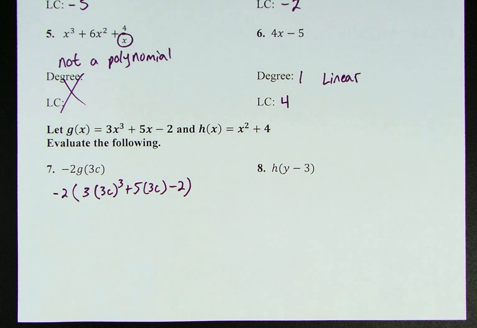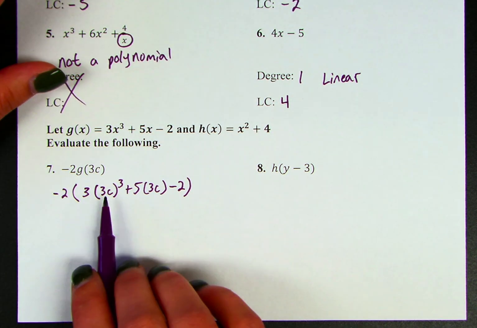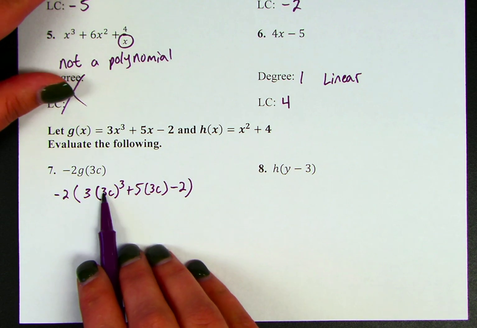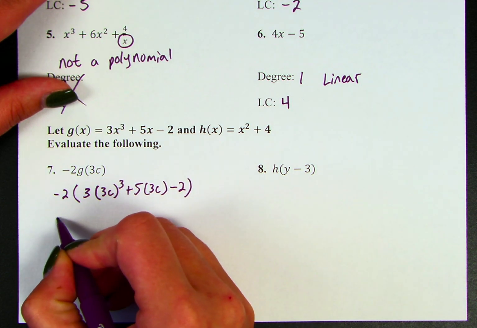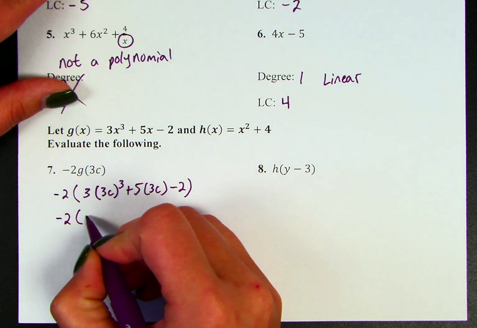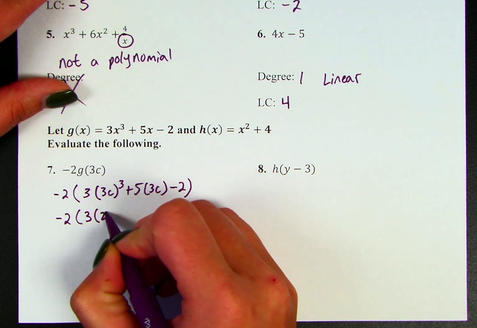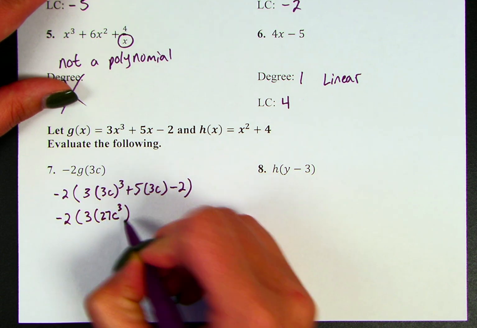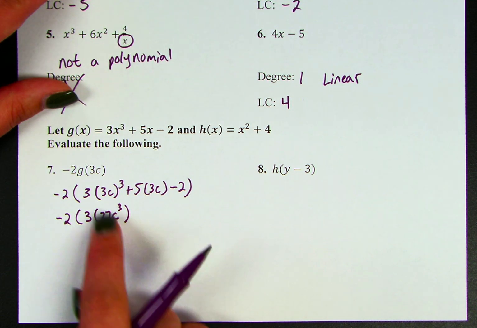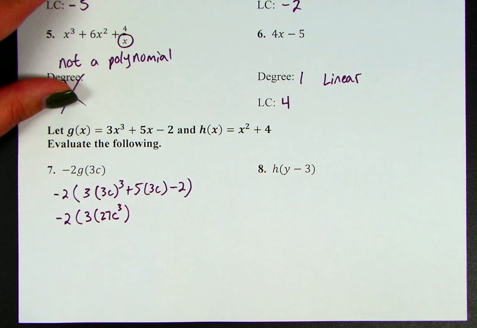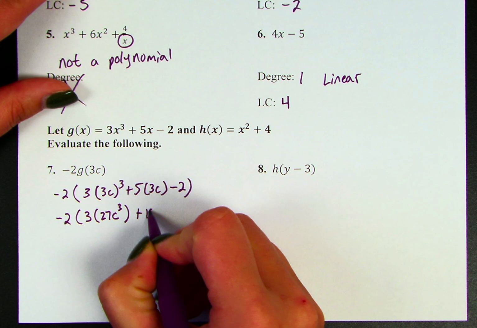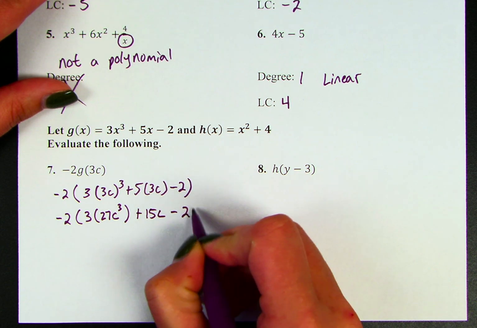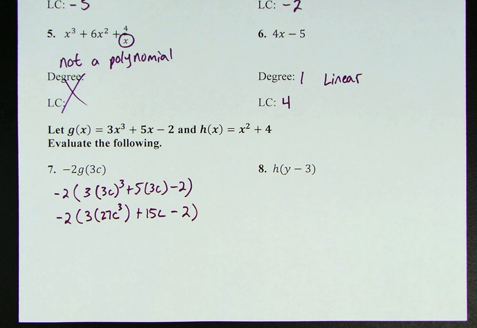So now we're just going through our correct order of operations to simplify this as much as possible. I need to start with this exponent. So 3 times itself 3 times, so 3 cubed is going to be 27. Right now that -2 is staying there, and then that 3 is there, so this will be 27c cubed. And I need the parentheses there still because I haven't done anything with what's in front. And then we're also allowed to multiply this together, so 5 times 3c is 15c, and then I still have that minus 2. Then I'm going to close that parenthesis.